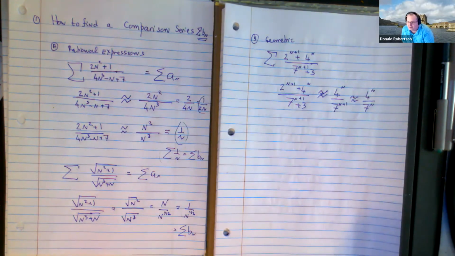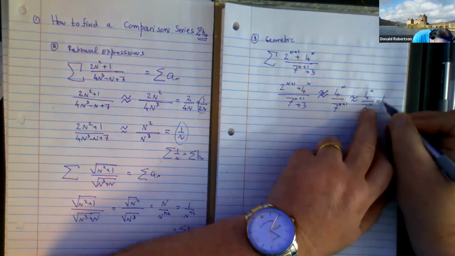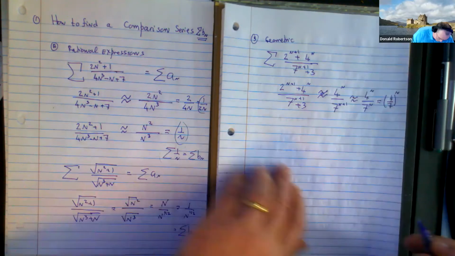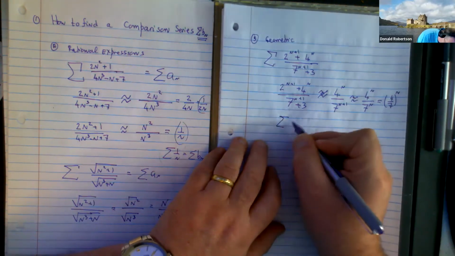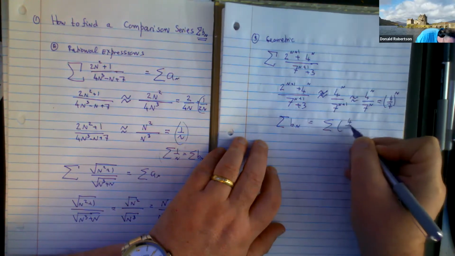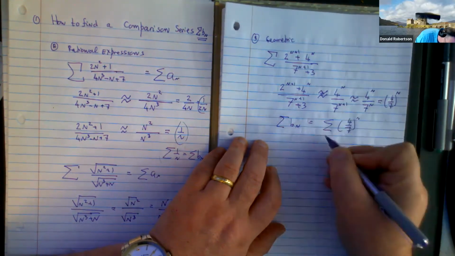Yes, I've dropped a 7. But in the big scheme of things, isn't 7 trillion versus a trillion still basically big? It's not going to make any real difference. That is 4/7 to the power of n. So your comparison series in this case is the geometric series 4/7 to the power of n.